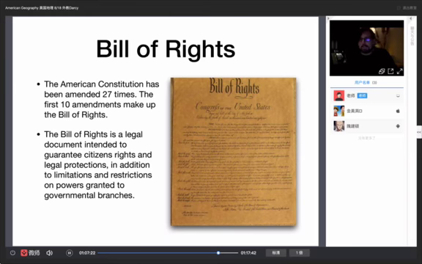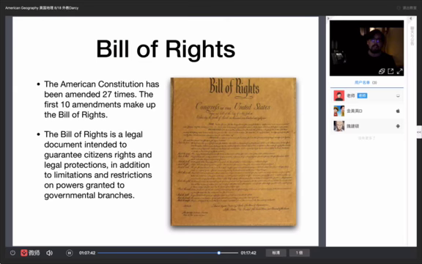I'm not sure how that works, but it's very time intensive. It takes a lot of political work to change the Constitution. But when it is changed, something is added into it, an amendment, basically.